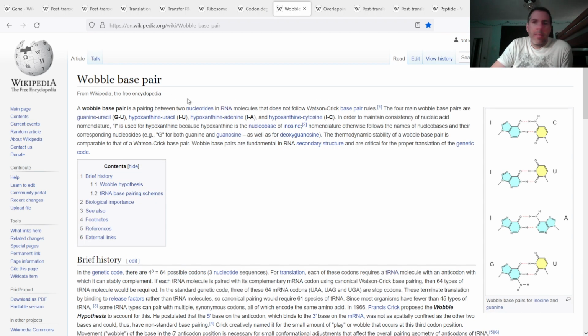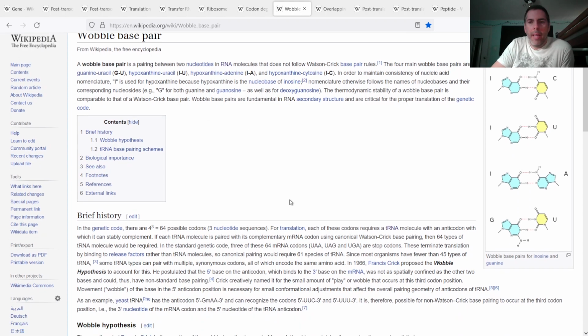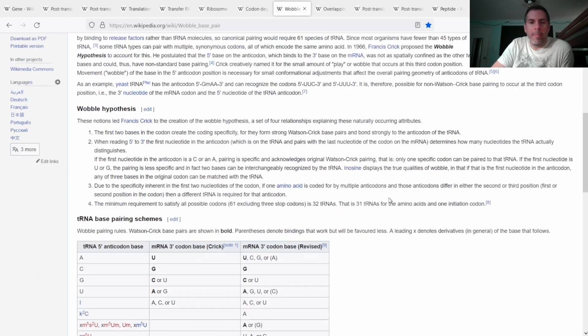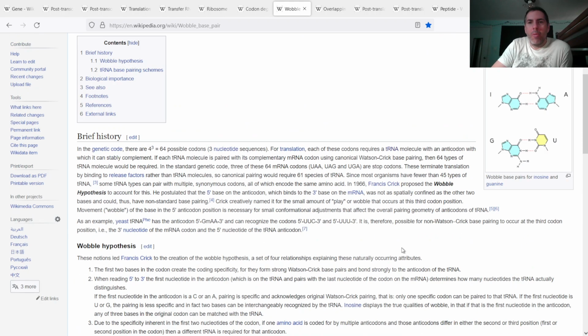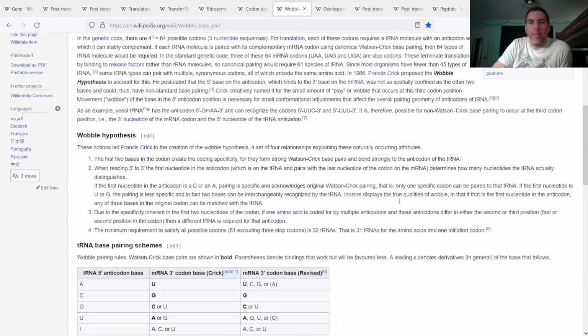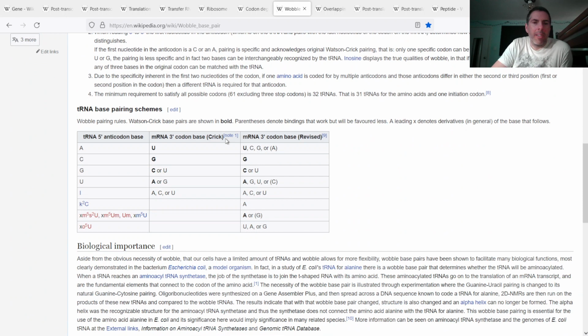And that's considered base pair wobble, where that last base pair, I think that's what this is, can wobble between a few different scenarios.